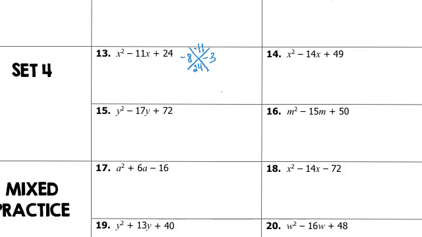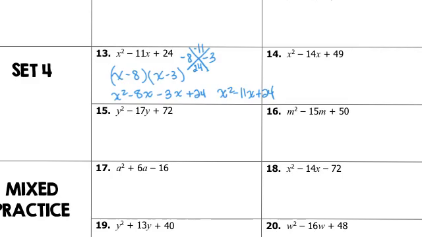Otherwise, the number would have to be bigger than 11 so that you would subtract it down to 11. Okay, sorry, it's getting late here when I'm making this. We get x minus 8 and x minus 3. x squared minus 8x minus 3x plus 24, which is equal to x squared minus 11x plus 24.